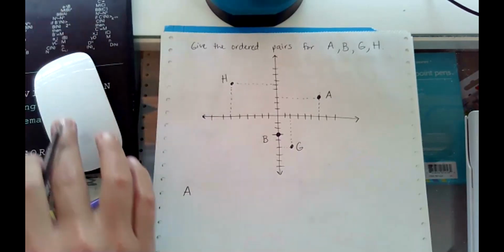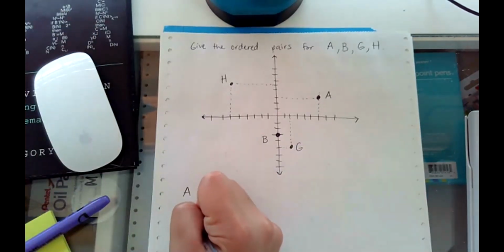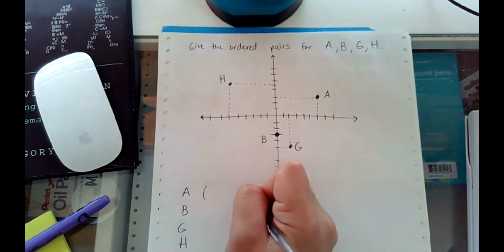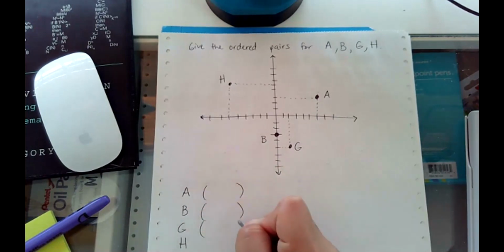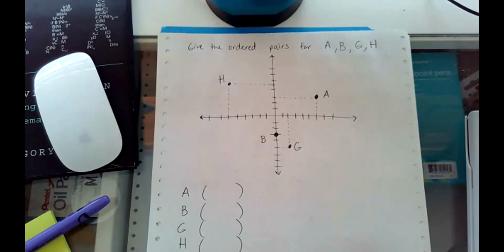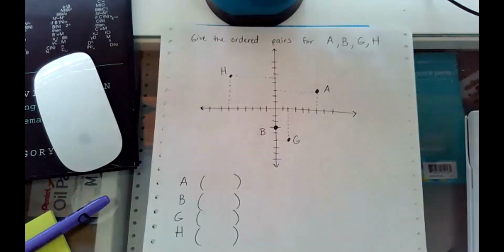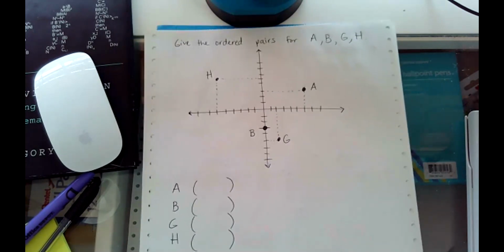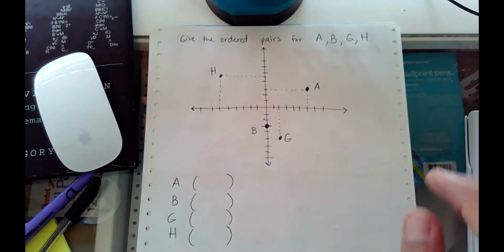Can everybody see my grid well enough? Do I need to zoom in? Okay.